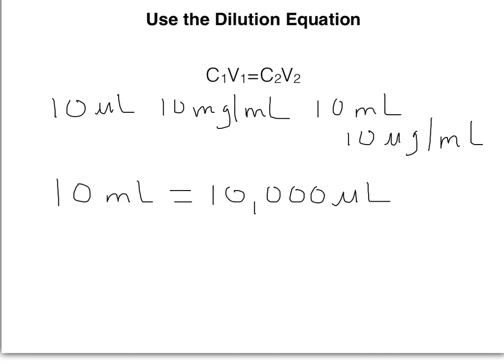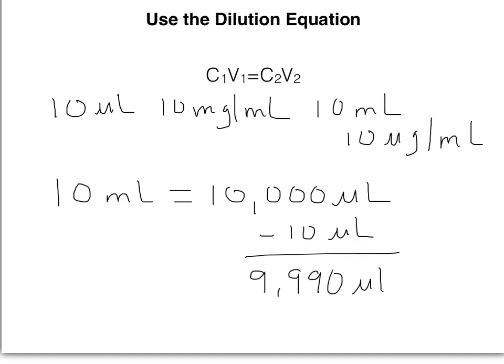of solution, if I subtract 10, in this case, I can figure out that I need 9,990 microliters of water and 10 microliters of my 10 mg per mil stock to make a final volume of 10,000 microliters or 10 mils of solution.